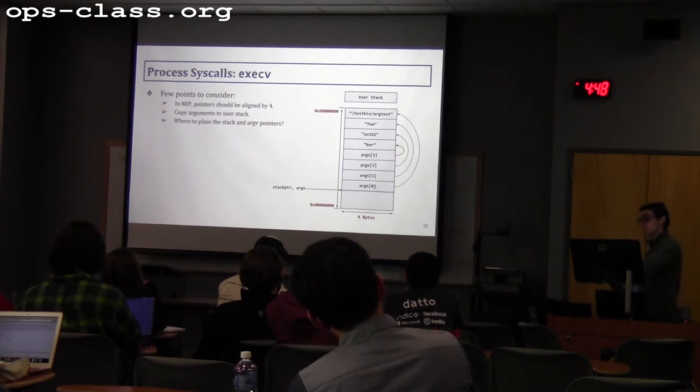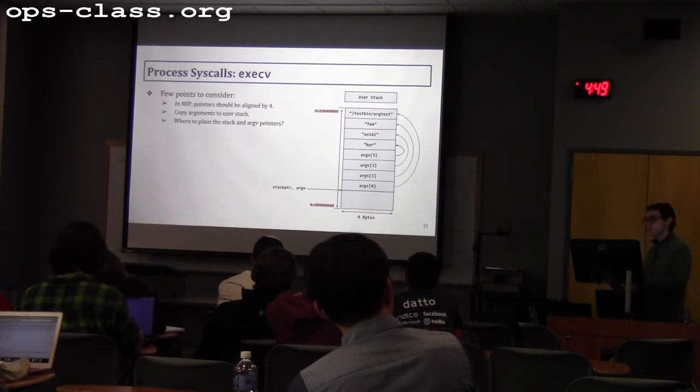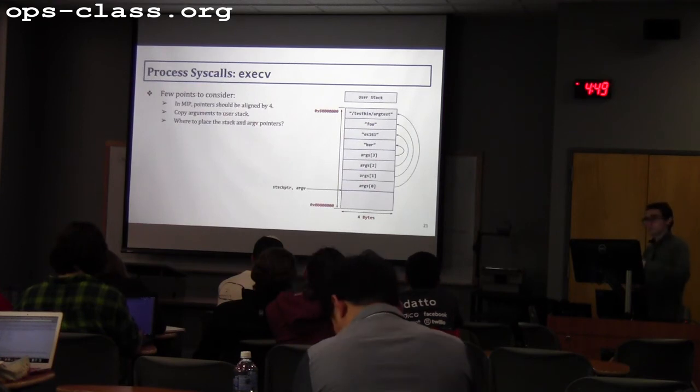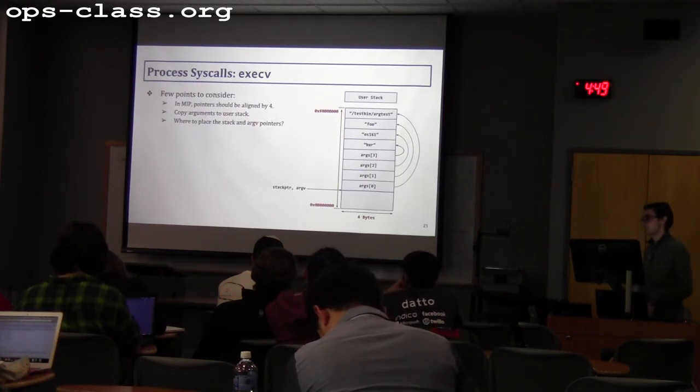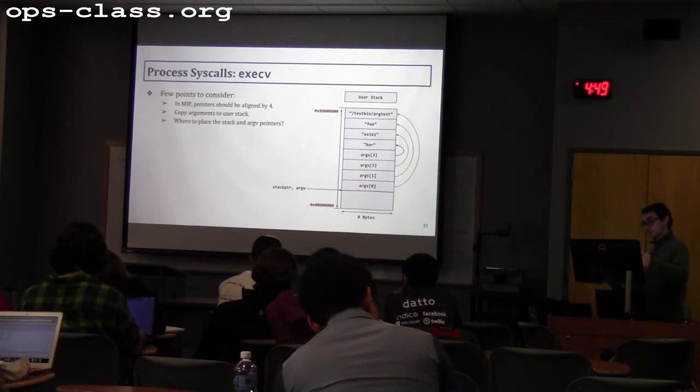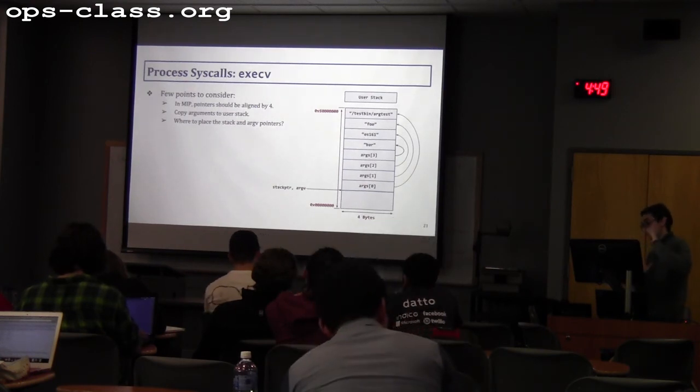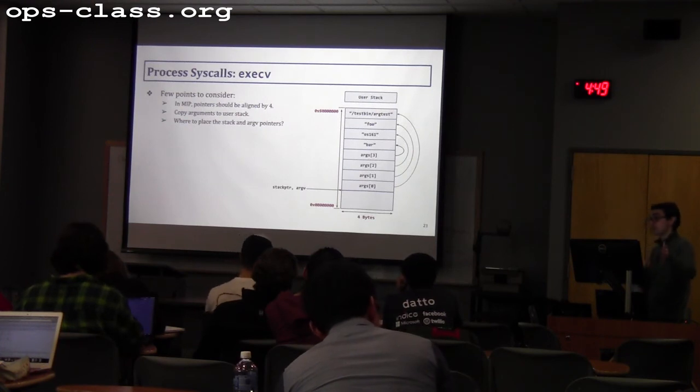I can calculate the size of these arguments, since every character is 1 byte. From this, you can figure out the offset, or how you should move your stack pointer, and the actual size that you need. You allocate that size, and you start pushing into the stack.